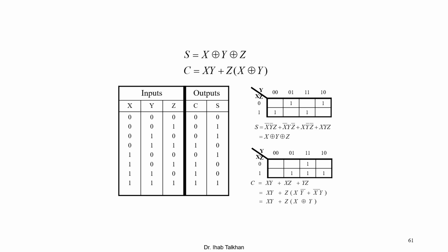So at the end you have the equation C equals xy plus z multiplied by x XOR y, and these are the two equations that govern the full adder. The hardware is given in the next slide, which will be very interesting when you see it.